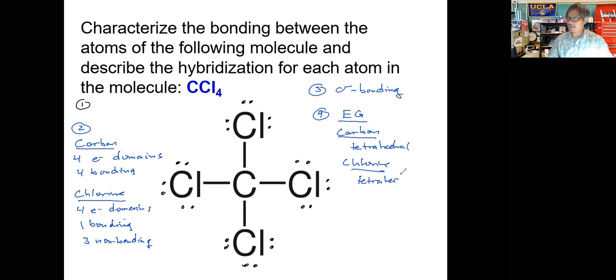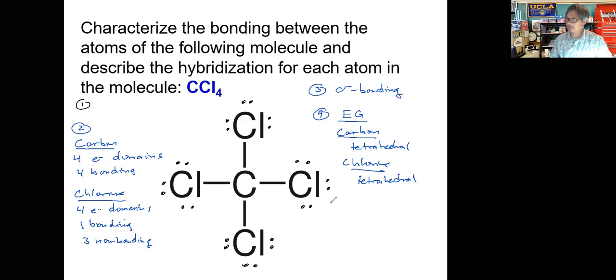So both of these atoms will be tetrahedral because they both have 4 electron domains. Again, remember, with electron geometry, we're taking into account all of the electron domains, not just the bonding and not just the non-bonding.